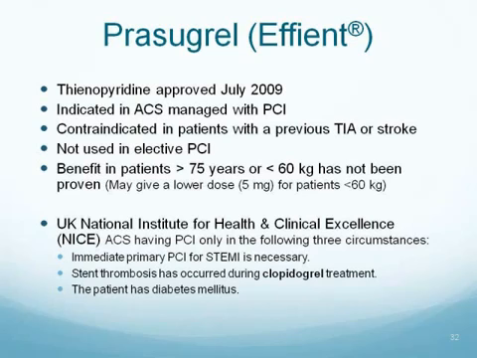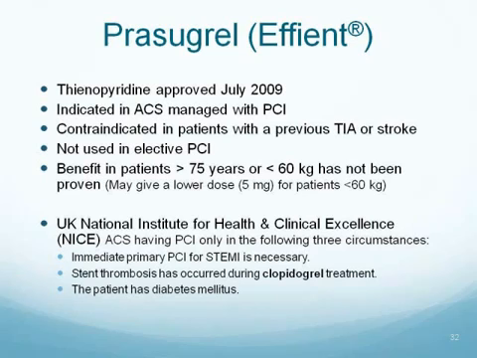Prasugrel is indicated for acute coronary syndrome that's managed with a PCI. So if you don't get a PCI, then prasugrel does not have an indication strictly for what we would call medical management. You need to have a coronary intervention. It's contraindicated in patients with a previous TIA or stroke.